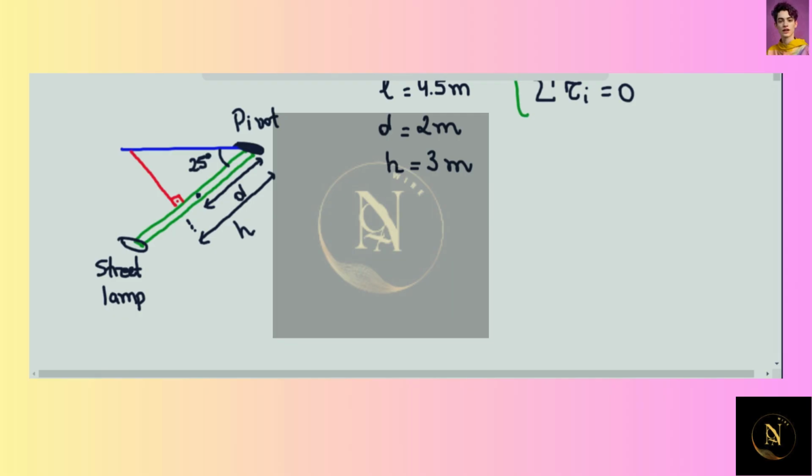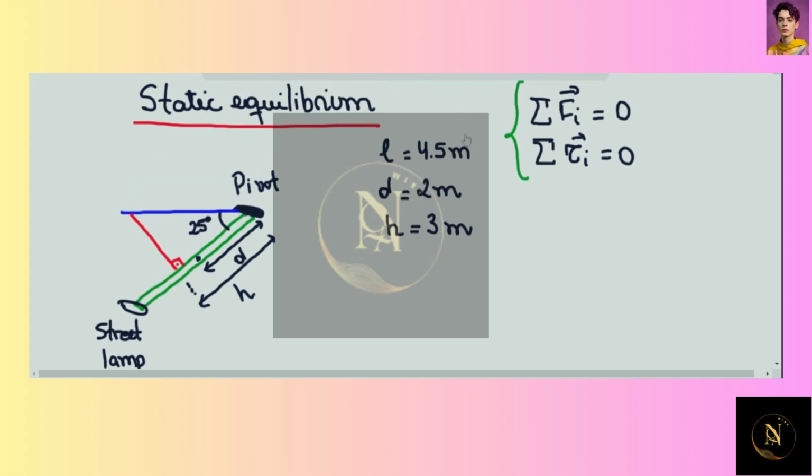Our goal is to find, given that the length of the beam is 4.5 meters, the distance between the pivot and the center of mass, the center of gravity, I'm sorry, of the beam is 2 meters, and the distance between the pivot and the place where the cable force is applied is 3 meters.